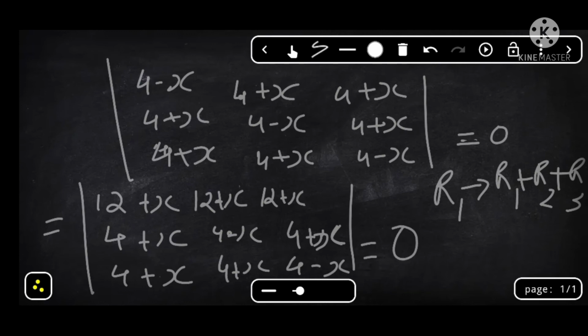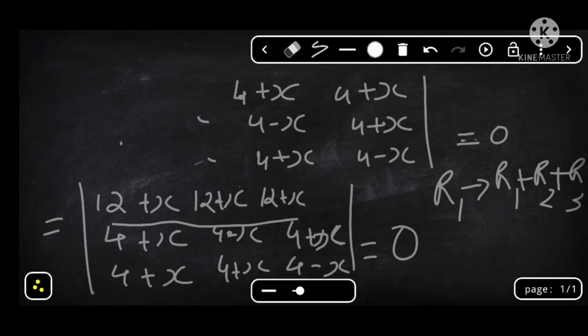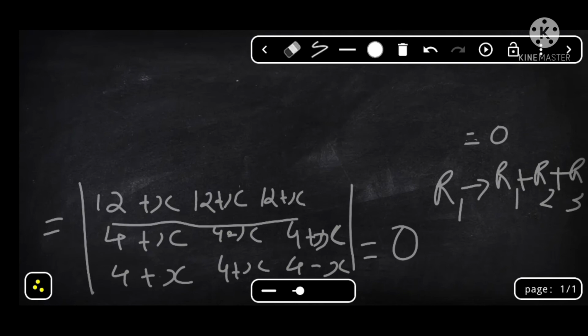Next I am going to take 12 plus x common from row 1. So if I take 12 plus x as common from R1, what we will get? 12 plus x.